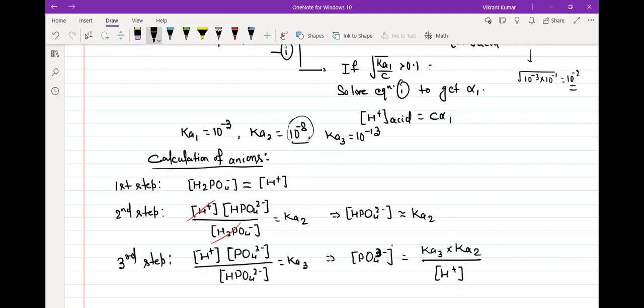We have already concluded what the H plus should be, but it had two cases, that's why I'm not writing this formula. Is it okay? And if they are asking OH minus, that is also an ion, no? It is always Kw upon H plus.